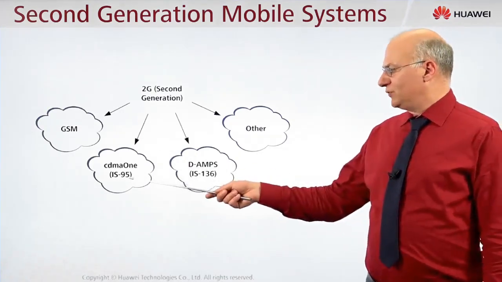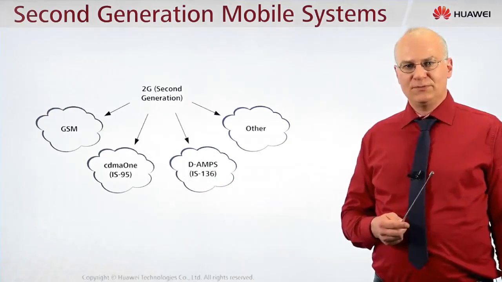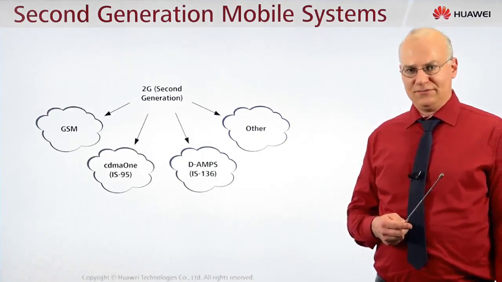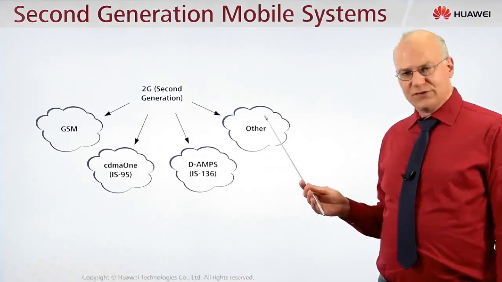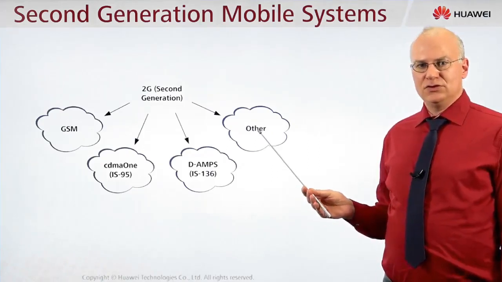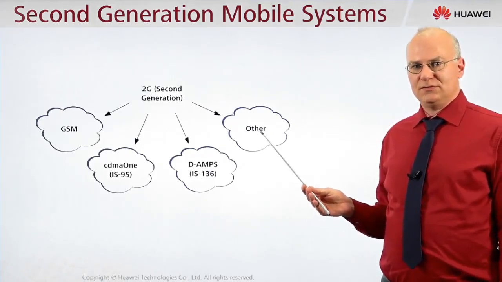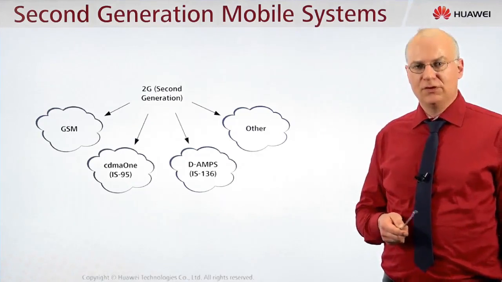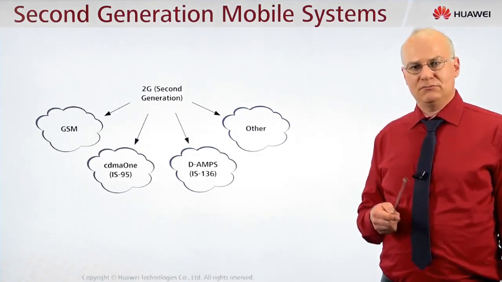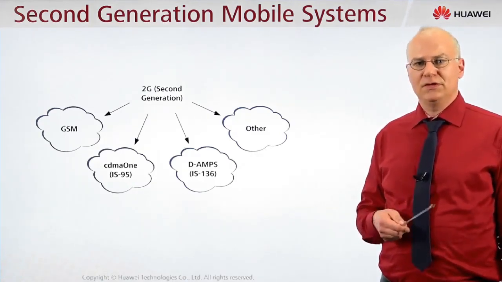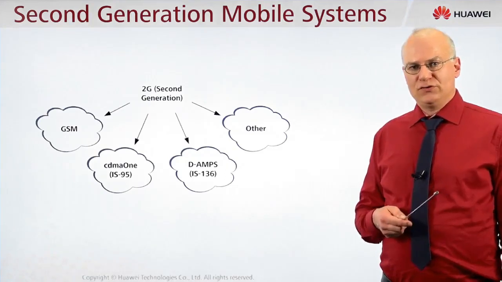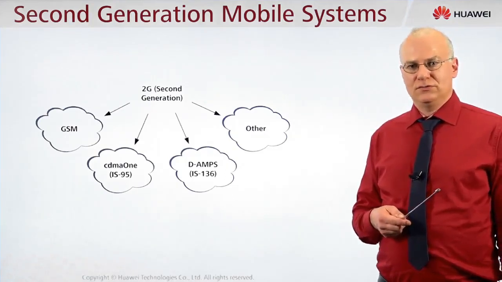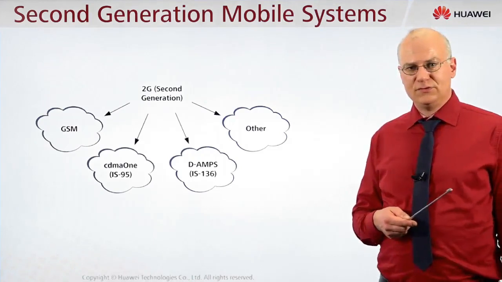It's described under the interim standard 95. There are also some other digital second generation mobile systems. For example, in Japan there was a Japanese standard, the Personal Digital Cellular system.